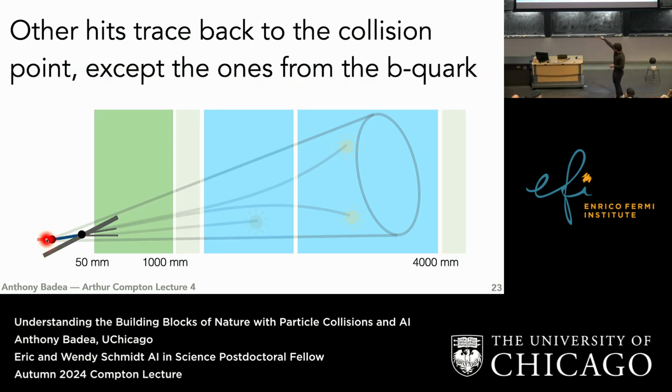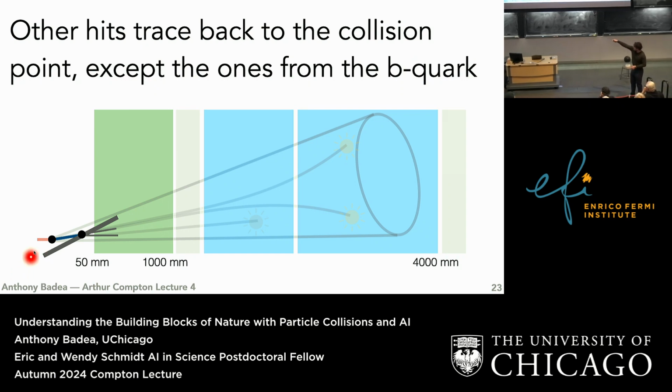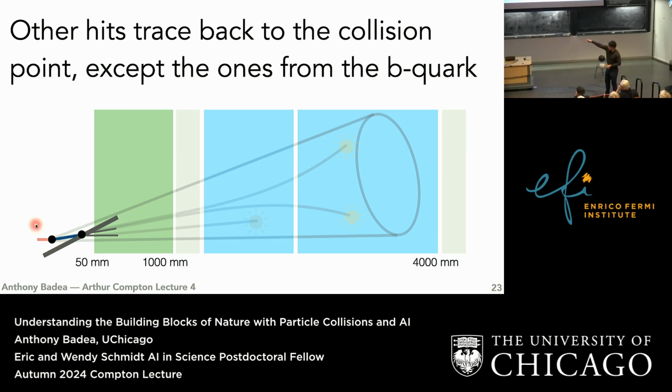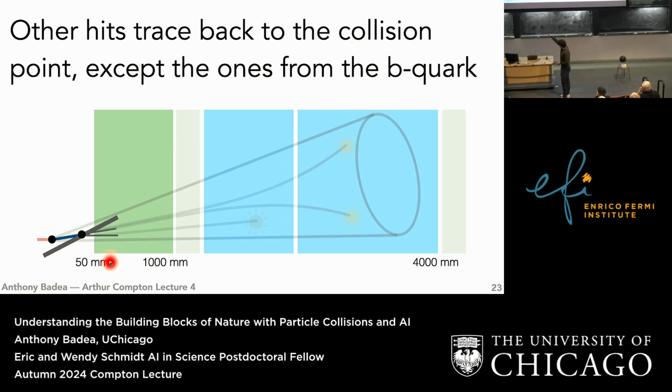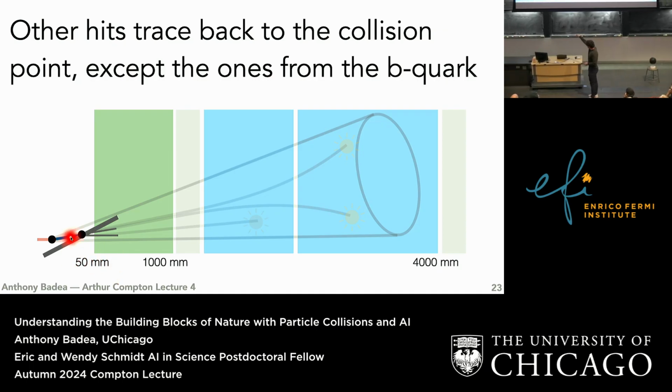Whereas for a particle that travels a little bit and then decays, you can trace back its origin to a small displacement from the interaction point. And just to emphasize how crazy this is, I told you this thing decays after a few millimeters.